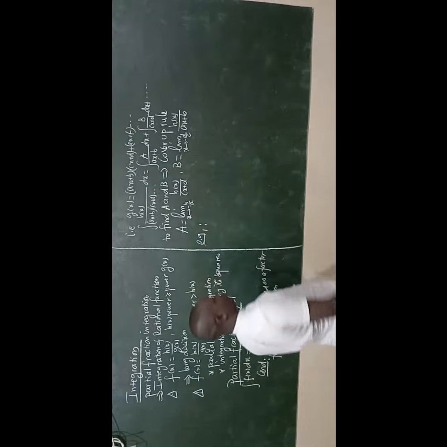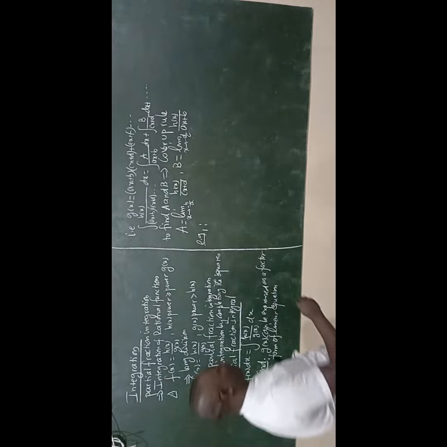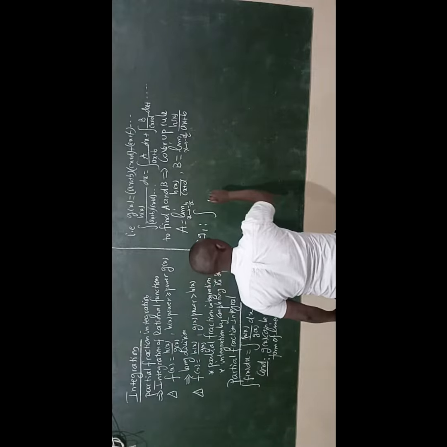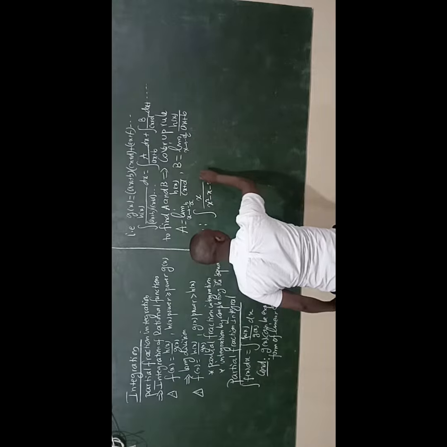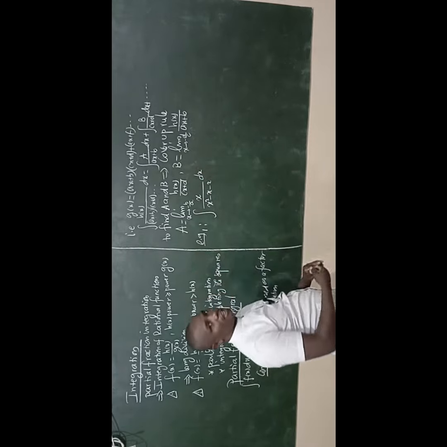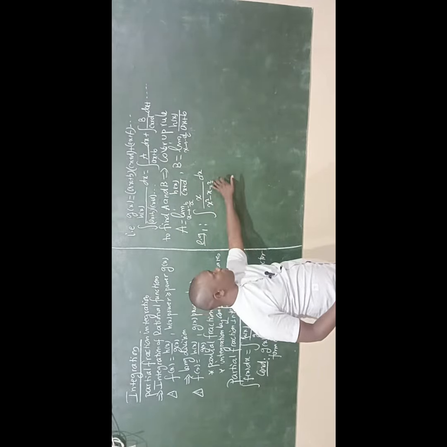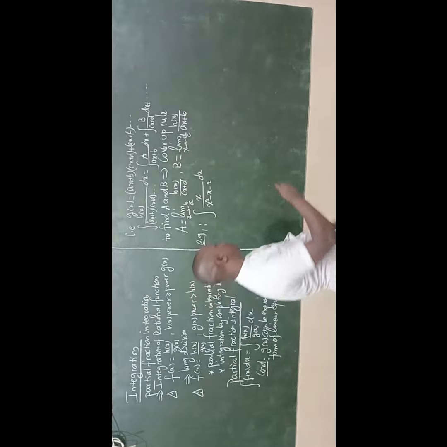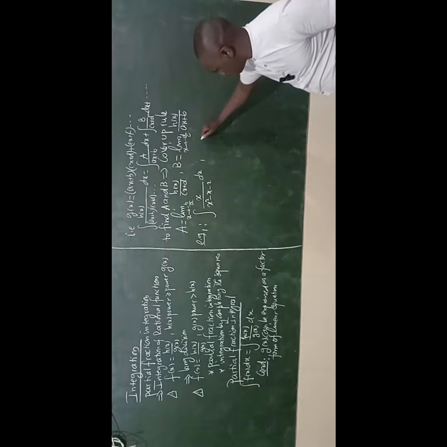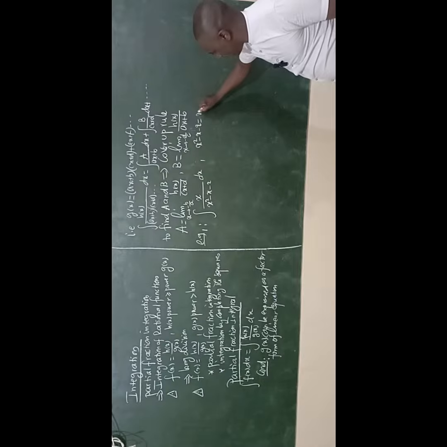Example 1. Integrate x divided by x squared minus x minus 2 dx. Is it possible for us to factorize this denominator? The factor form of x squared minus x minus 2 is (x plus 1) into (x minus 2).